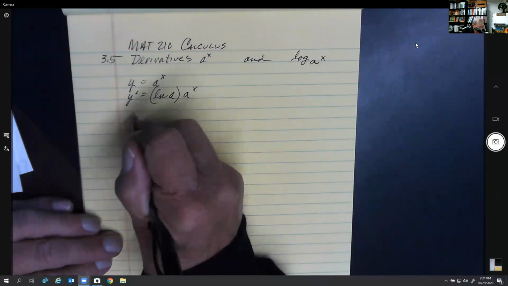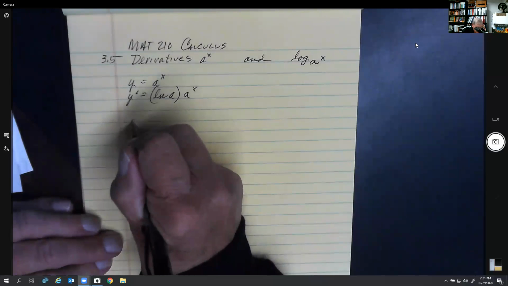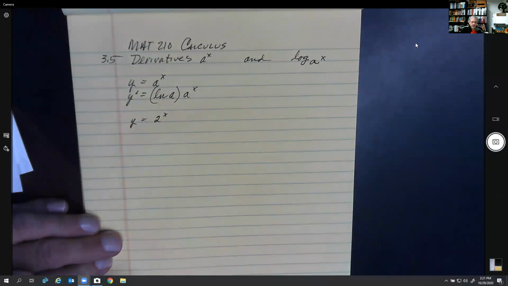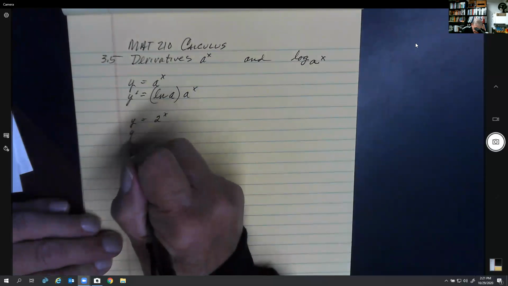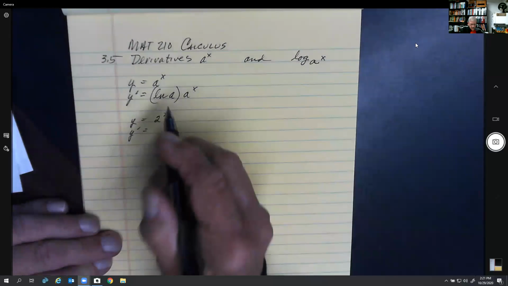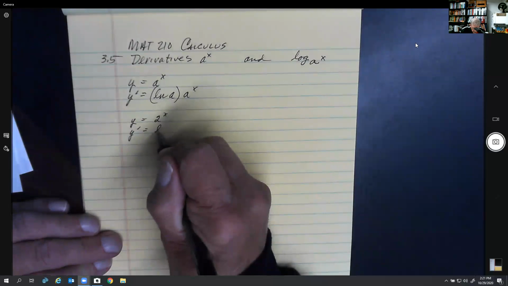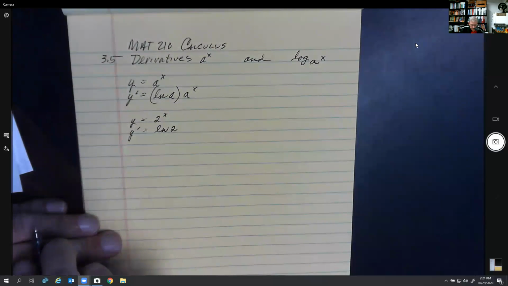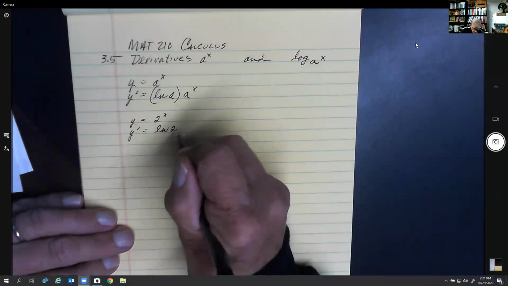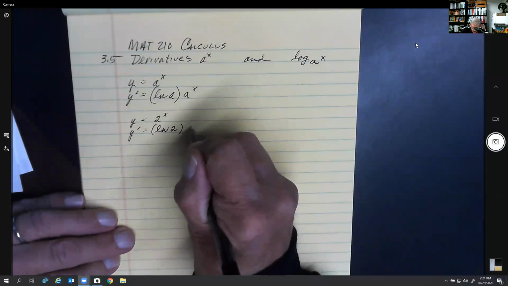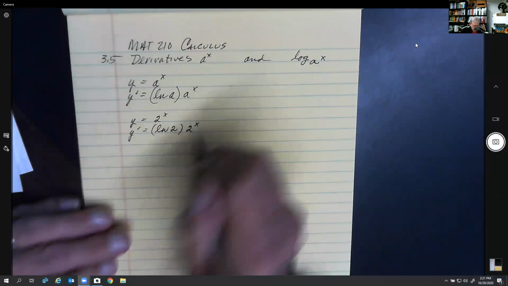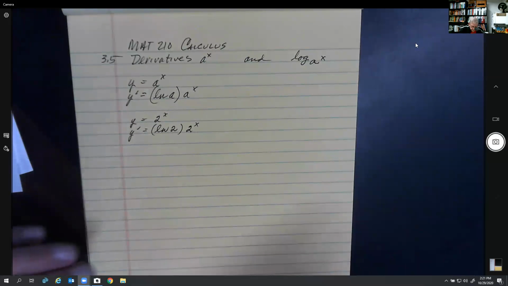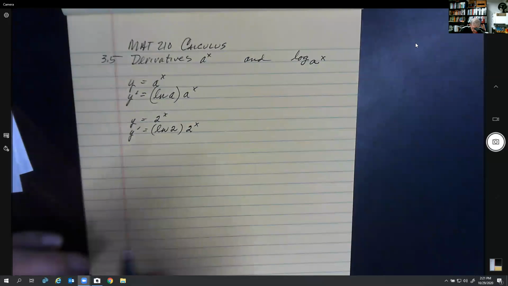Let's say y is 2 to the x. Then y prime is going to be the natural log of the number 2, which you could look up on your calculator, and that times 2 to the x power. Kind of a weird one, huh? And that's all there is to it.